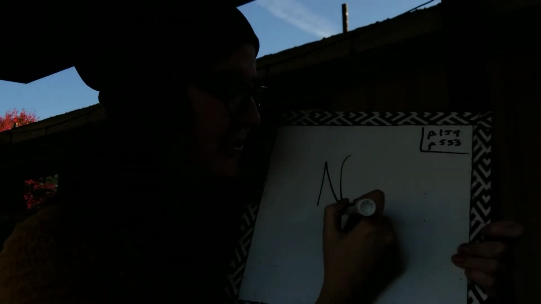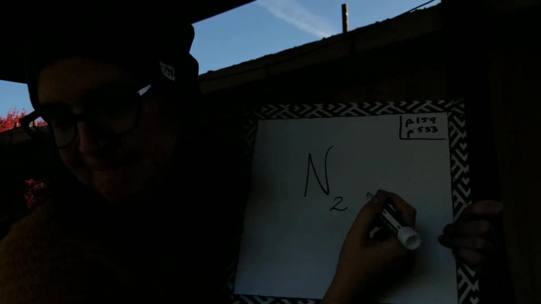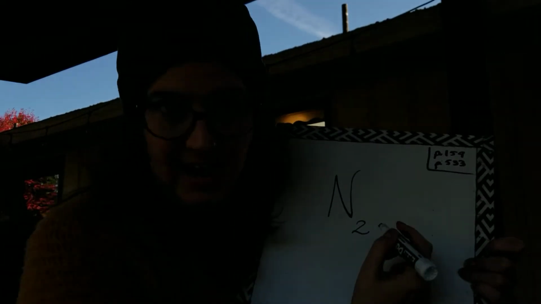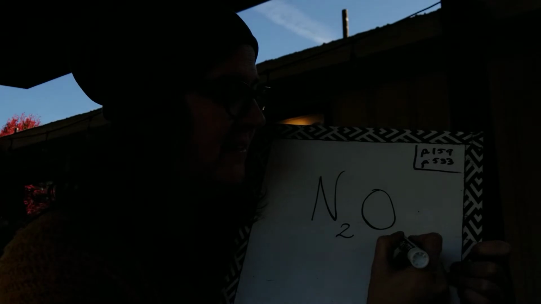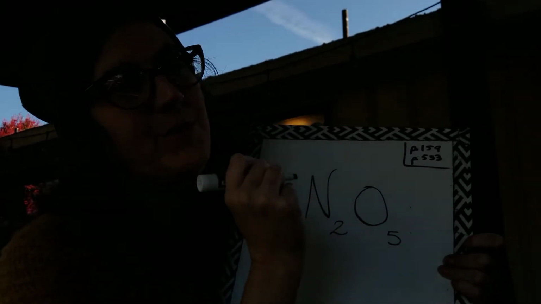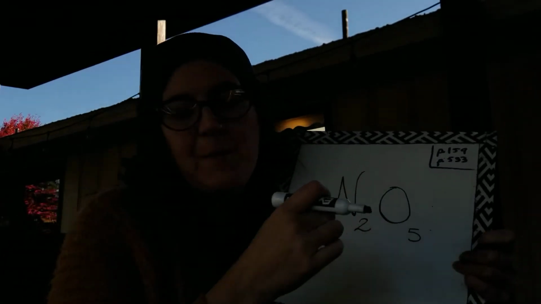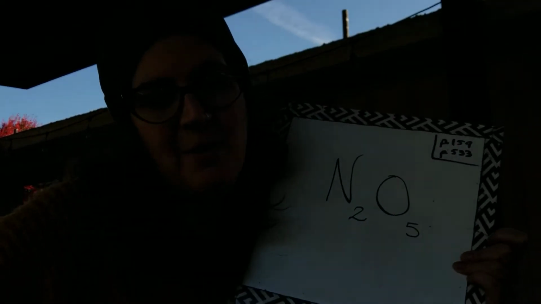Dinitrogen means there's 2 of them, right? And then we've got pentoxide. The oxide just means it's oxygen and it's the second element in this compound. And pent means 5. So this is how we would do the formula if they gave us just the name and we needed to write it out.